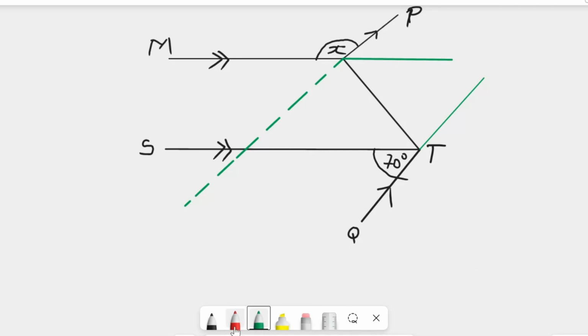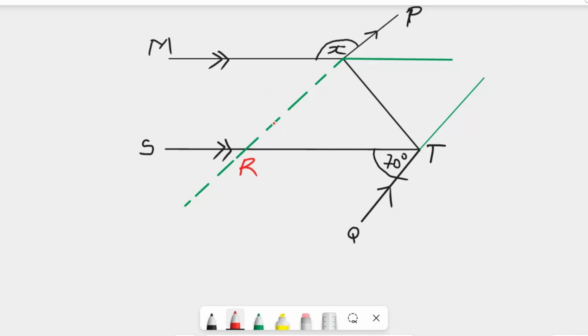Okay. So I can call this point of intersection point R. Now I can see the angle properties very clearly, and this is what I see.